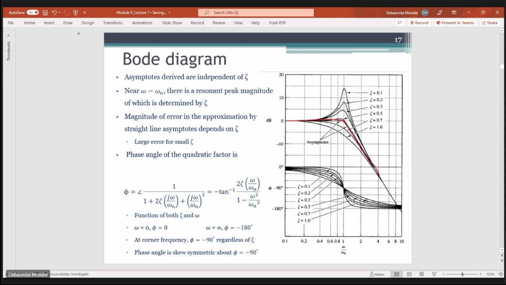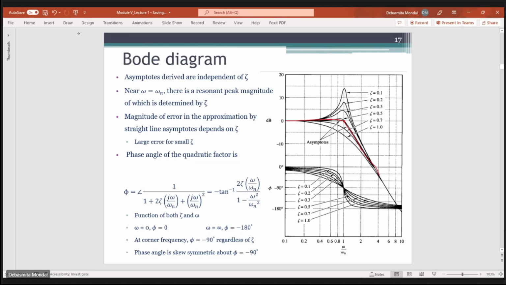If you draw the exact Bode diagrams, then for smaller values of zeta, that is zeta equals 0.1, 0.2, we get a peak at omega equals omega n, and this peak is known as the resonant peak.